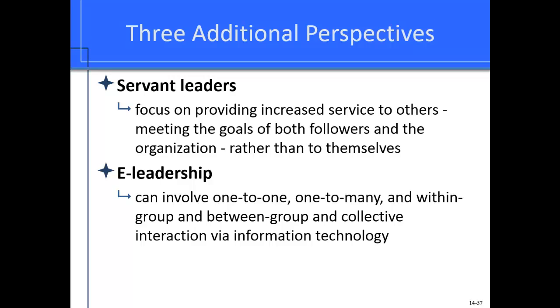It can involve one-to-one, one-to-many, mini-group and between-group, and collective interactions via information technology. It means developing business opportunities through cooperative relationships, restructuring a company into global networks, decentralizing the company's organization, and energizing the staff. Some feel that in the future individual companies will be replaced by broader global networks that a single CEO will not be able to manage. Instead of competition, future organizations will run on knowledge sharing and open exchange.